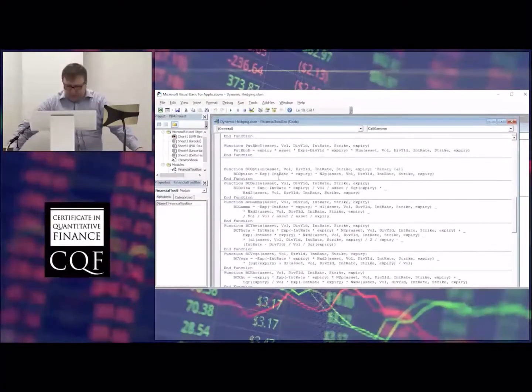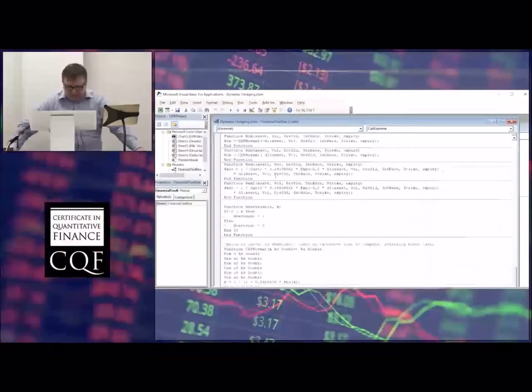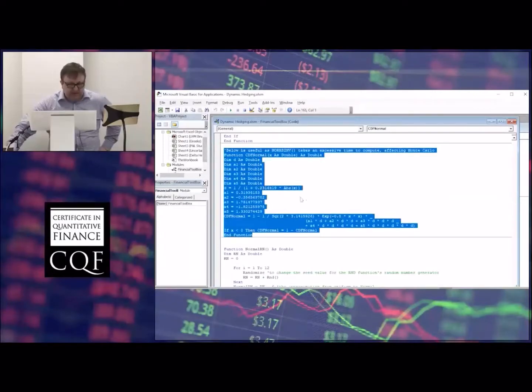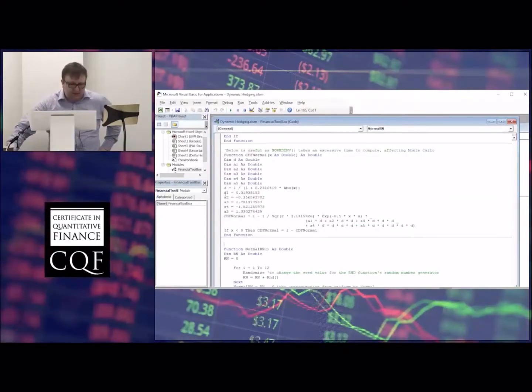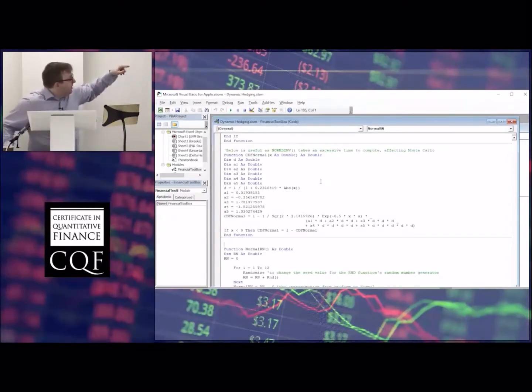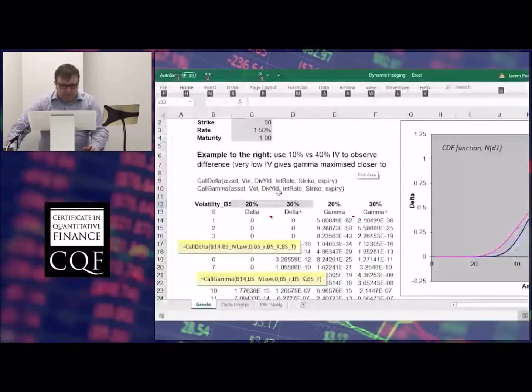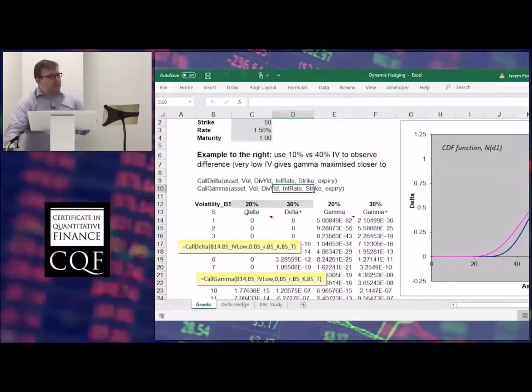But one interesting thing: look at the function. Apologies, for the delta, the normal CDF is computed using an approximation that has 5 constants. So it's a function over the 5 constants, an exponent and then the powers in the exponent. This is what you have to do with Excel, because otherwise it becomes painfully slow.